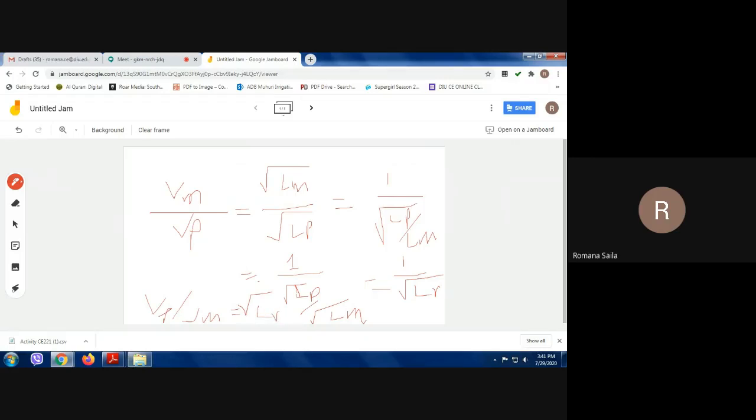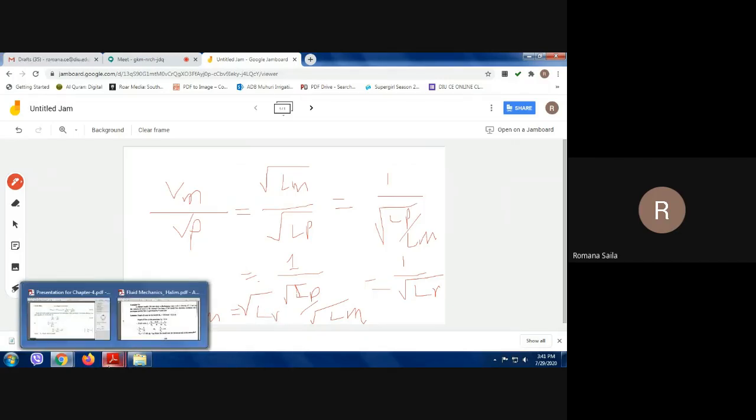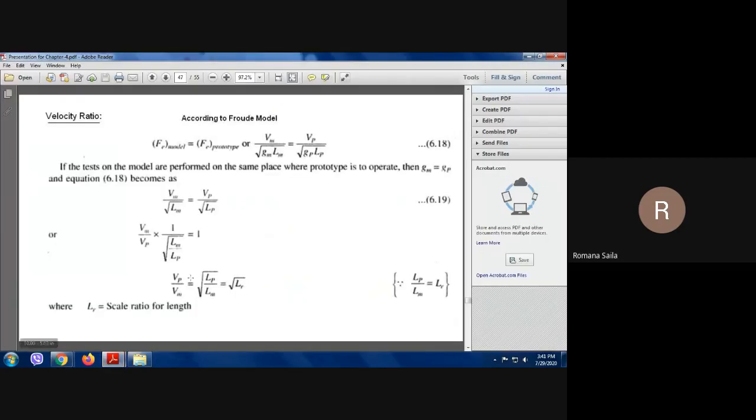So this is how the scale ratio for velocity has become Vp by Vm is equal to root over LR. And LR is the scale ratio for length, that means Lp by Lm is equal to LR.